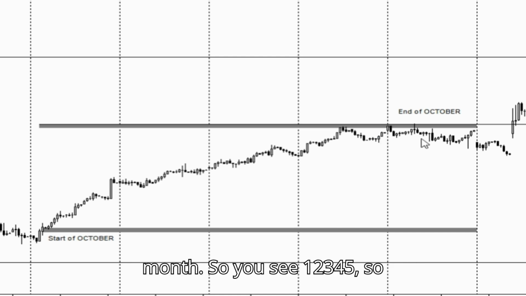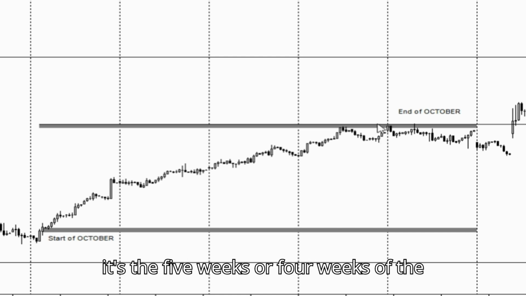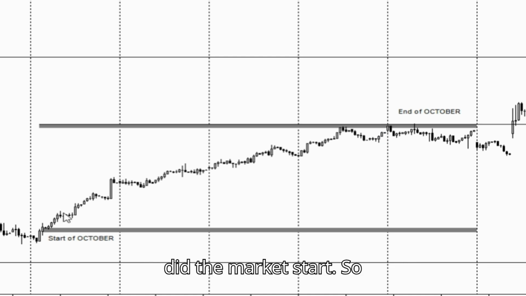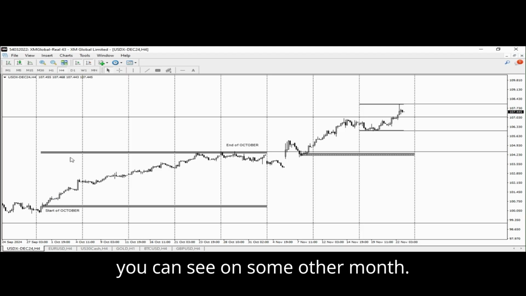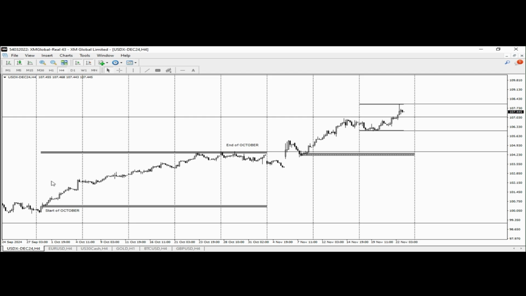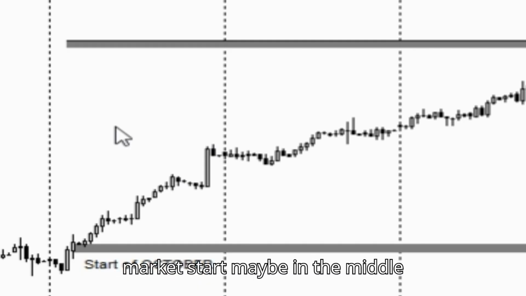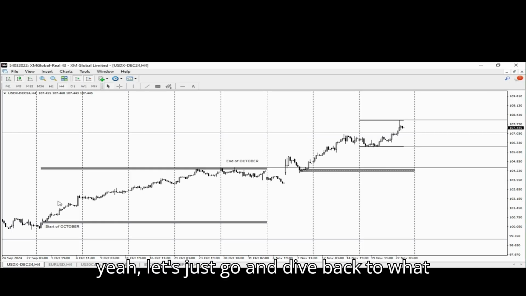You see, 1 2 3 4 5. So it's 5 weeks or 4 weeks, depending on which day the market starts. On some other months, you can see they have a time separator here on H4, so the month can start maybe in the middle somewhere right here. Yeah, let's just dive back to what I was talking about.